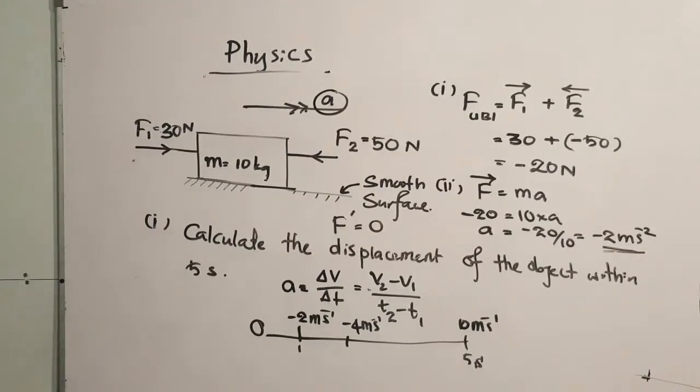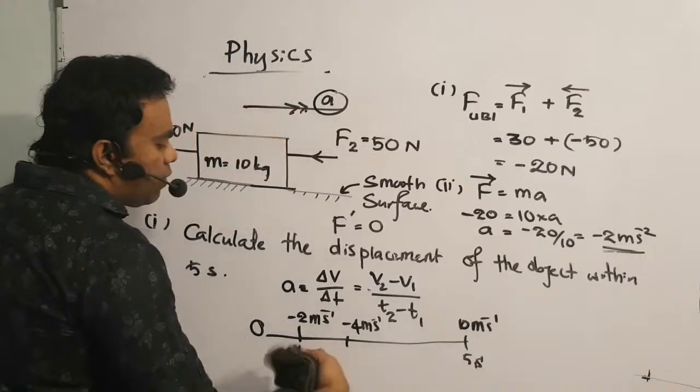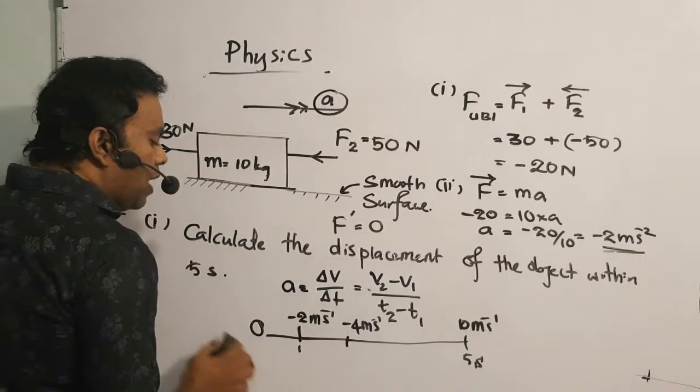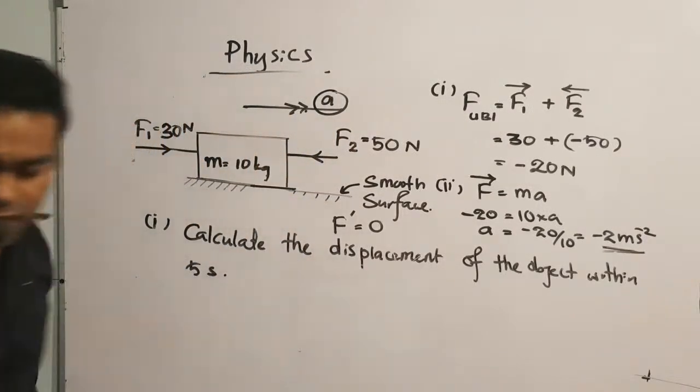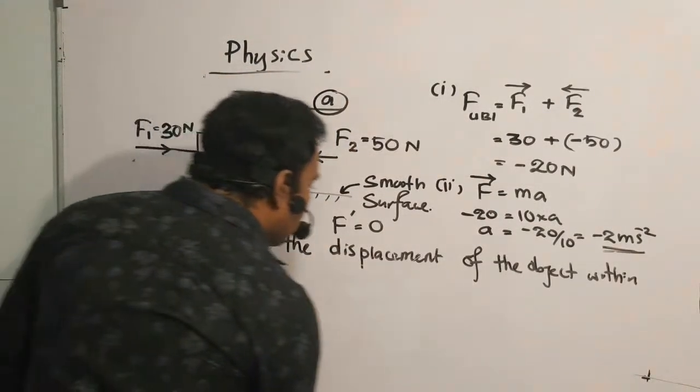Okay, so we can draw a velocity time graph. If we tabulate these things, I think it will be clearer to you. Next thing you have to do is make a table.